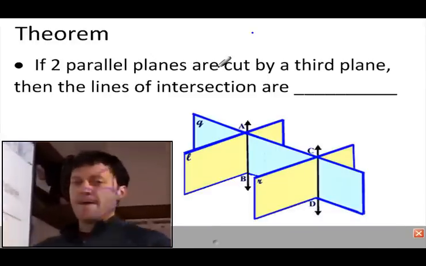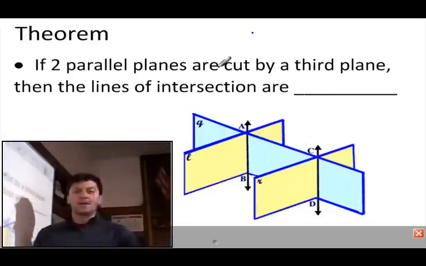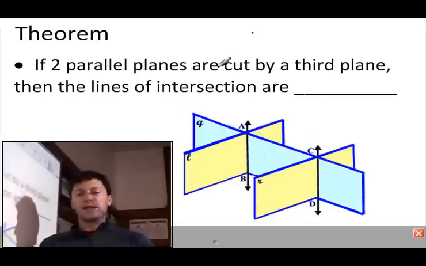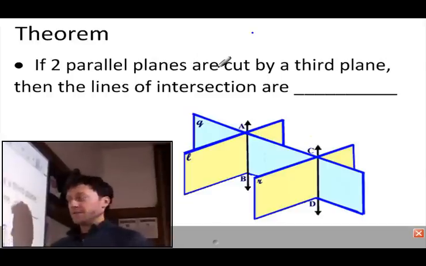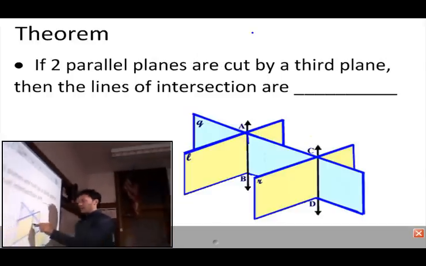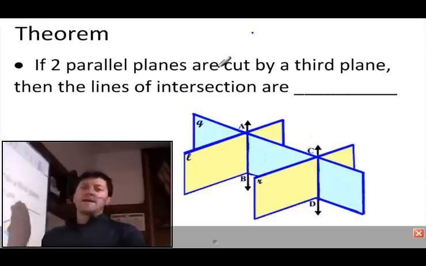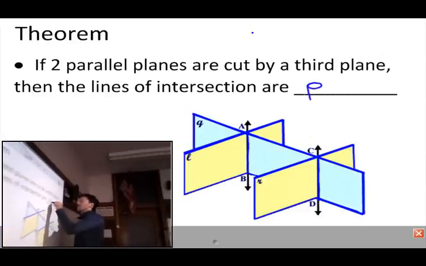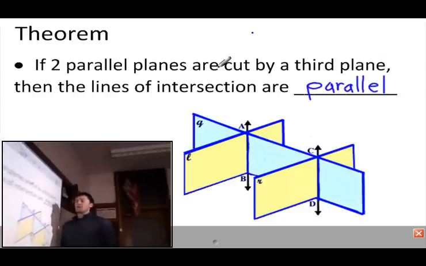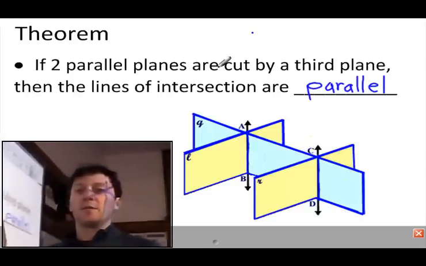Those are parallel, and so planes L and R. And Q comes along, another plane, and Q intersects those two parallel planes. The lines of intersection, which right here, AB and CD, hopefully by now you've noticed that they are parallel. And they're always going to be parallel when you have two parallel planes cut by a third plane.